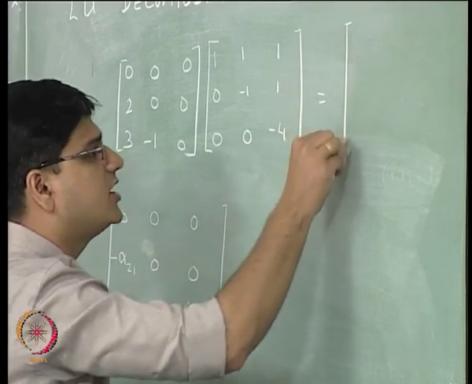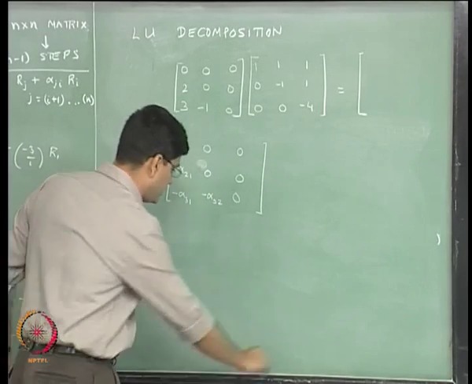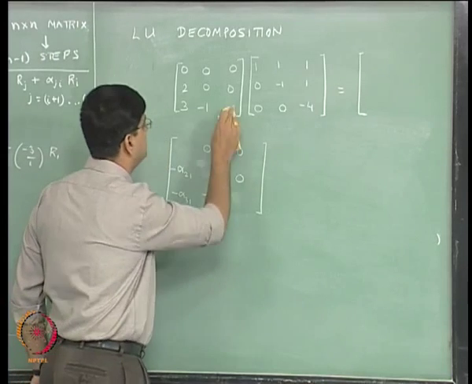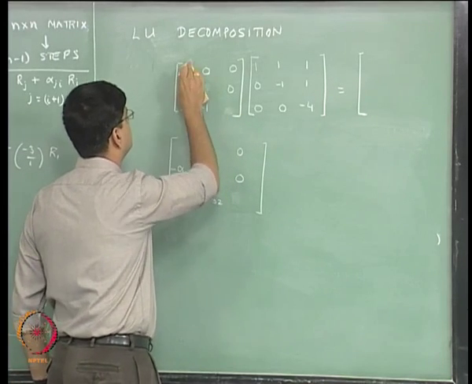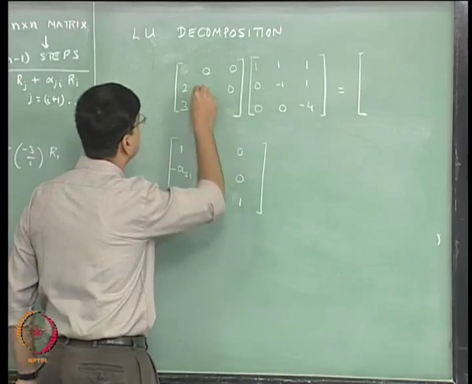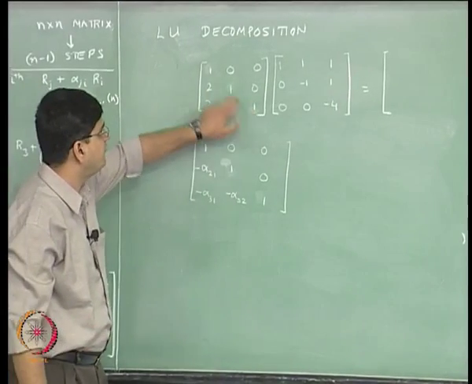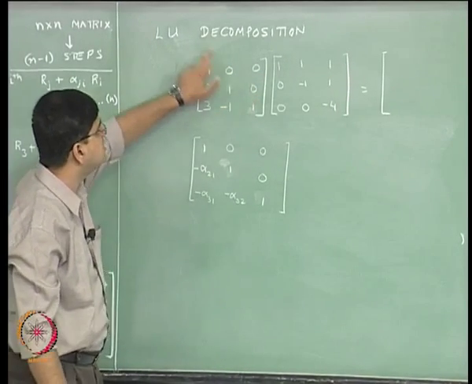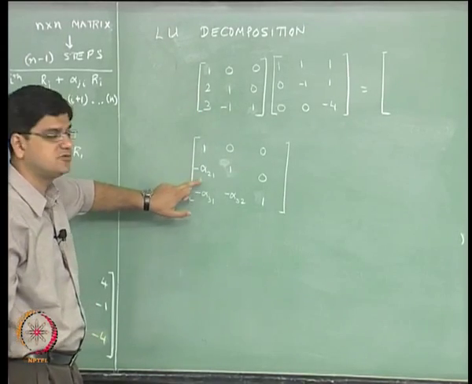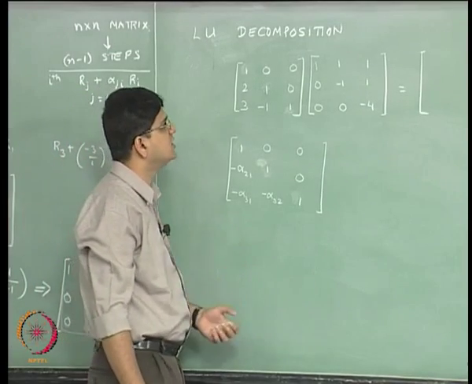Okay. So, this is one matrix, this is the other matrix. Let us take a product of these two matrices. Oh sorry, not 0 0 0, I should be putting 1 1 1 over here. Okay, my mistake. So, we have this 1 1 1, we have put zeros in all the upper triangular elements, and in the lower triangular elements we have put negative of the coefficients that we have used in the Gauss elimination step.